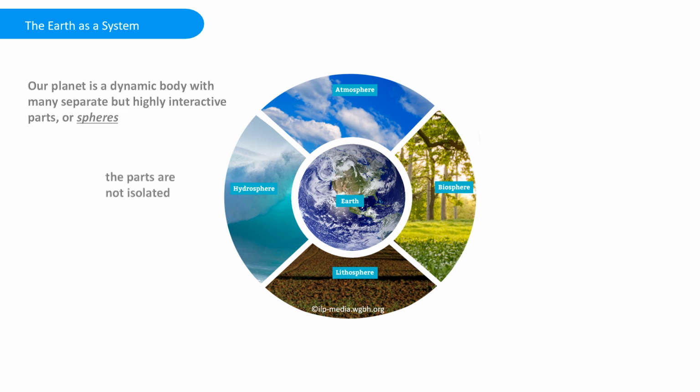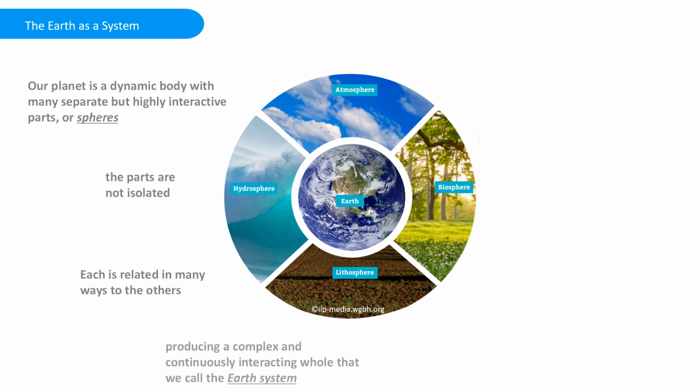So these spheres are not isolated. They may be separate, but they are not isolated from each other. That means they are related in many ways to the others. And they produce a complex and continuously interacting whole that we now call and recognize as the Earth system.